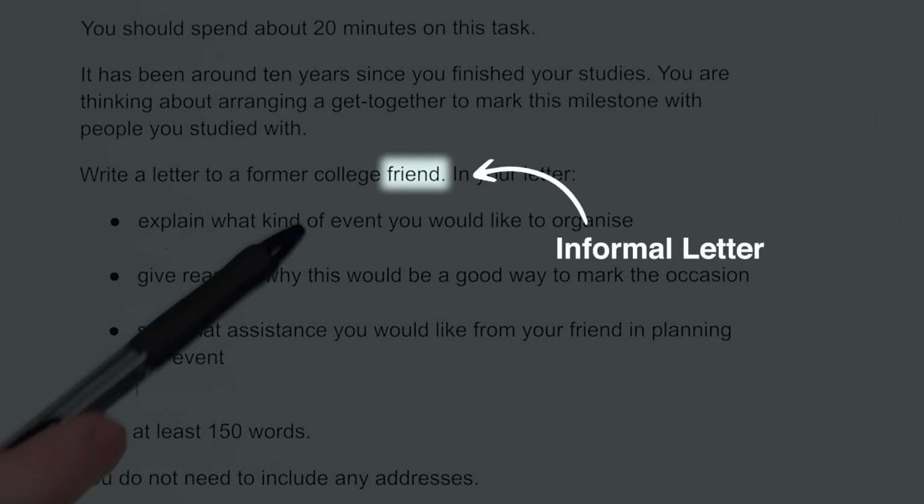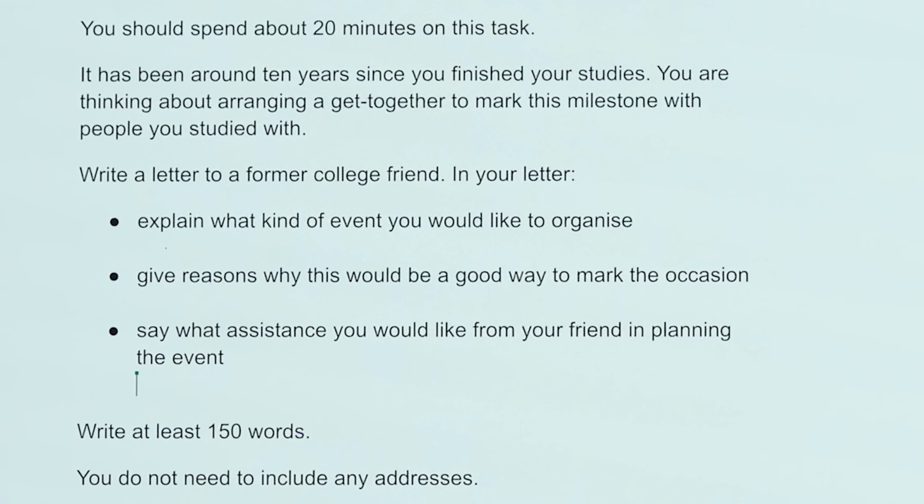And you do not have time to be thinking about all of this on test day. And you don't really have time to be preparing 3 different types of letters. Just do 2, and it cuts your preparation by a third. So we're going to be focusing on an informal letter. Don't worry about informal versus formal right now. We're going to focus on the structure first, and then we'll write the letter, and then we'll talk about how to make it more informal.